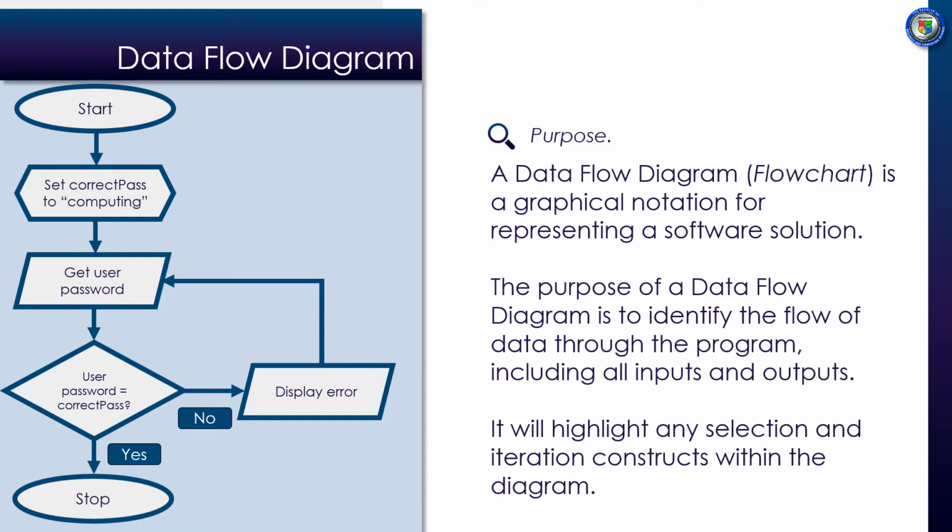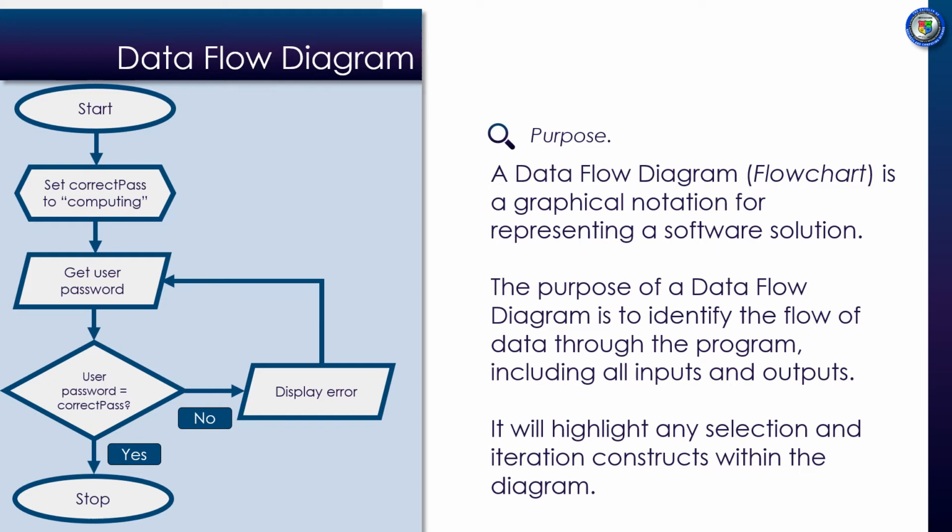A data flow diagram or flowchart is a graphical design notation. Its purpose is to identify the flow of data through the program, including its inputs and outputs. Selection and iteration are also highlighted in the diagram. Let's look at this example we have here.